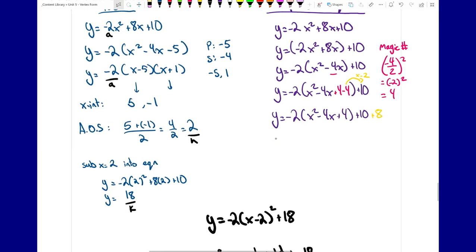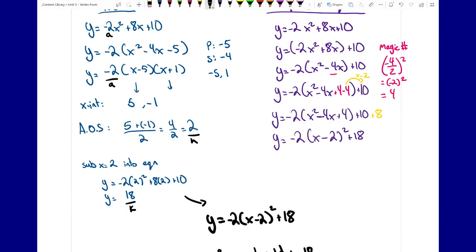Again simplifying, I get y is equal to -2 times (x minus 2) squared, because this bracket is now a perfect square trinomial. So the square root of x squared is x, the square root of 4 is 2, the sign between the first two terms becomes our bracket sign. And we have plus 18.